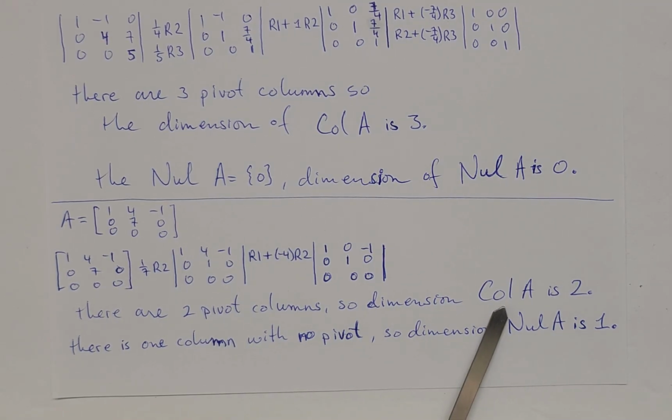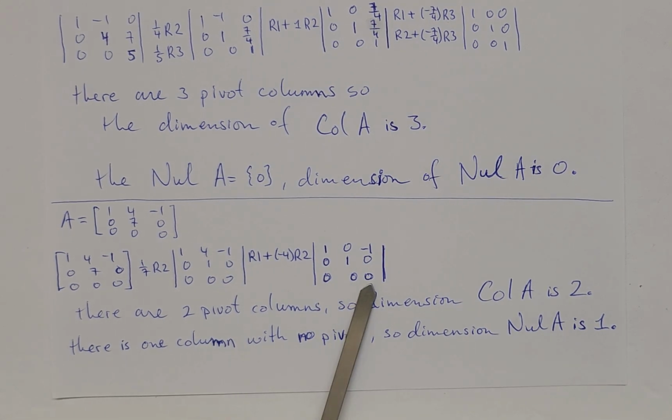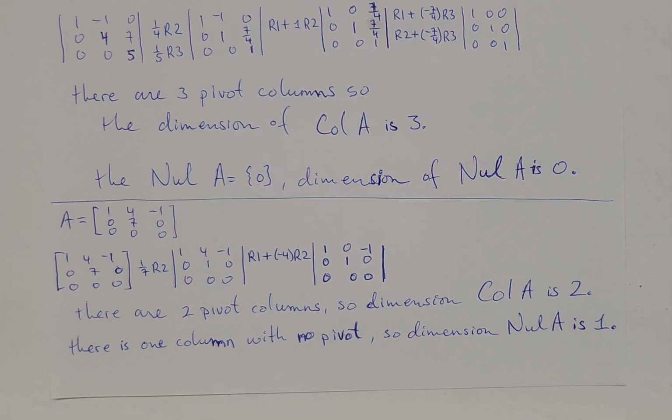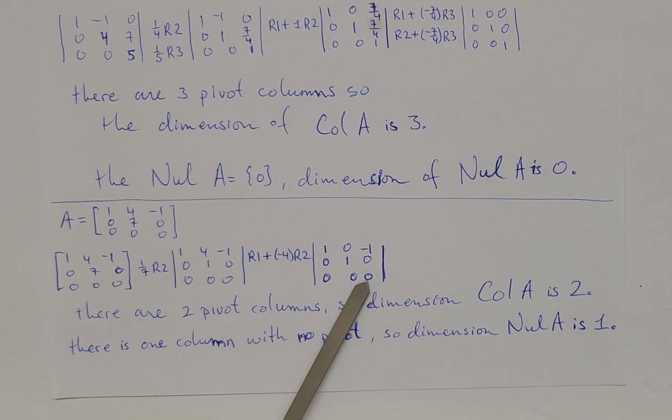The dimension of column A needs a pivot position. The dimension of null A needs a 0 in the pivot position. Again, if I have something in the pivot position, then that will be our dimension of column A. If I have a 0 in the pivot position, then that will be our dimension of null A. So in this situation, I have 1, 2, so the dimension of column A is 2.